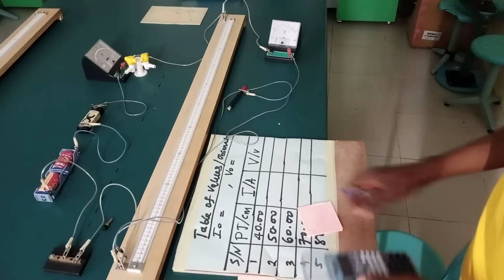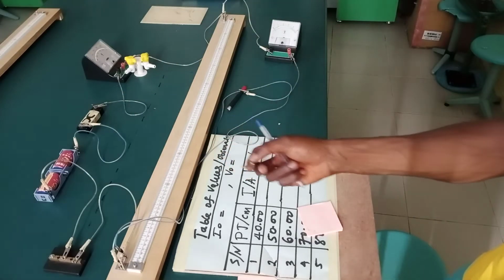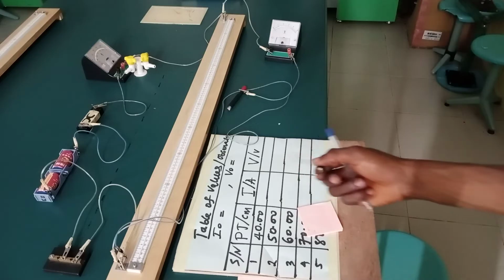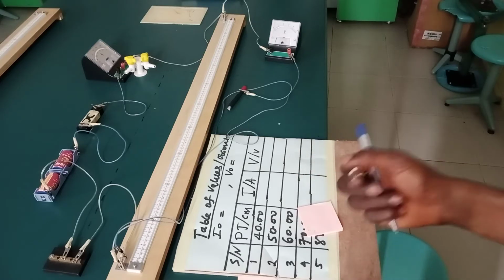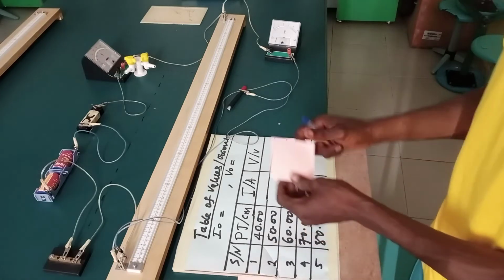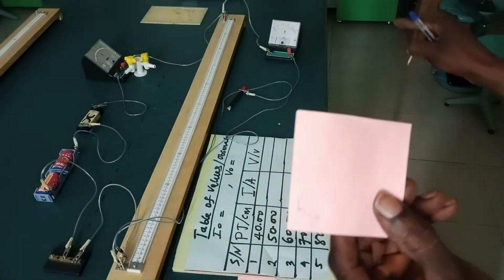You see, I quickly remove the key. If I don't remove the key, the battery will be drained and I will not have a successful experiment. Do you get what I'm saying? Good. So each time you are done, you see what I did? I had a sticky note here. I said 5, I said 6.